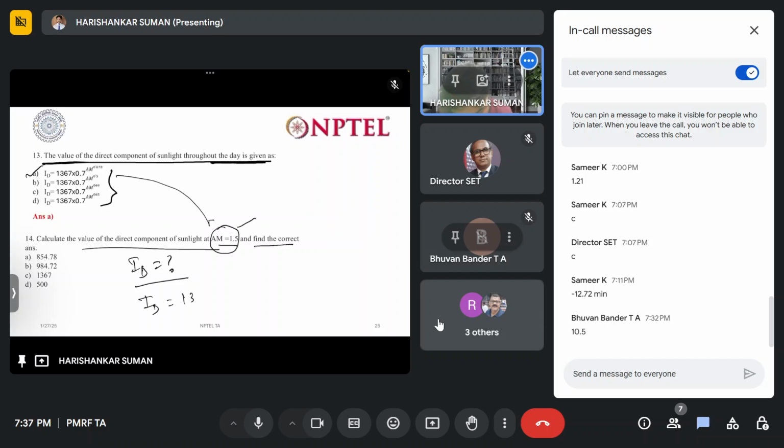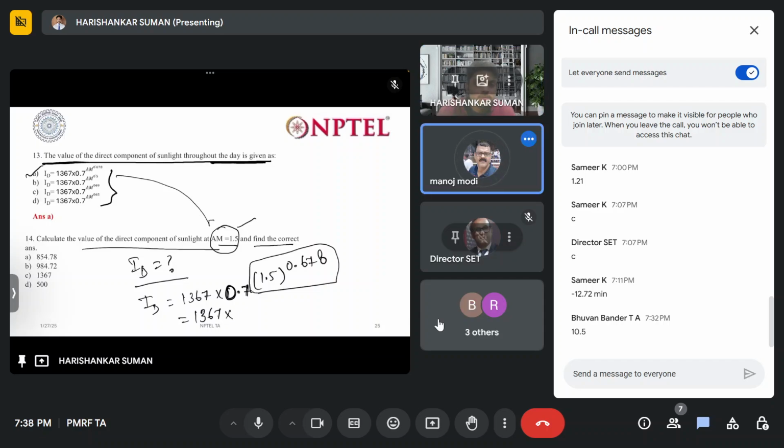This is the 1.5 you can use to the power. Please solve this first. 854.78.